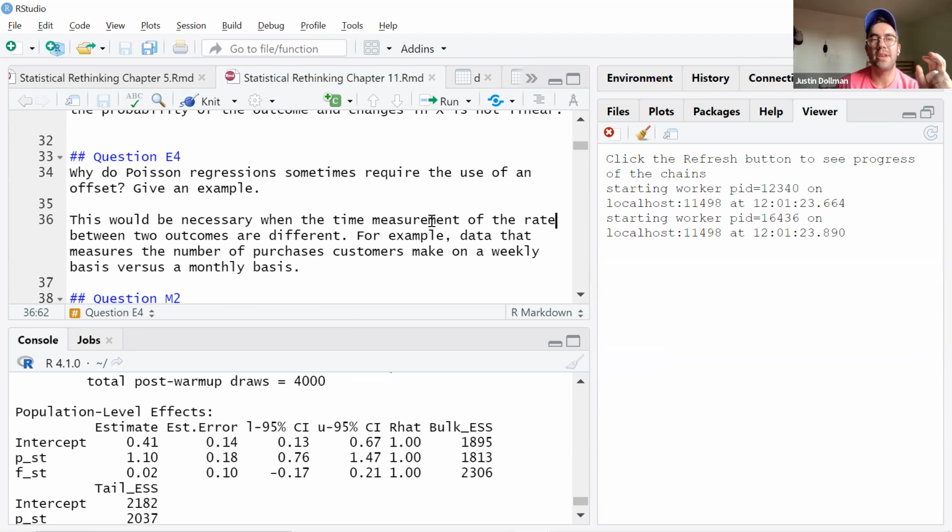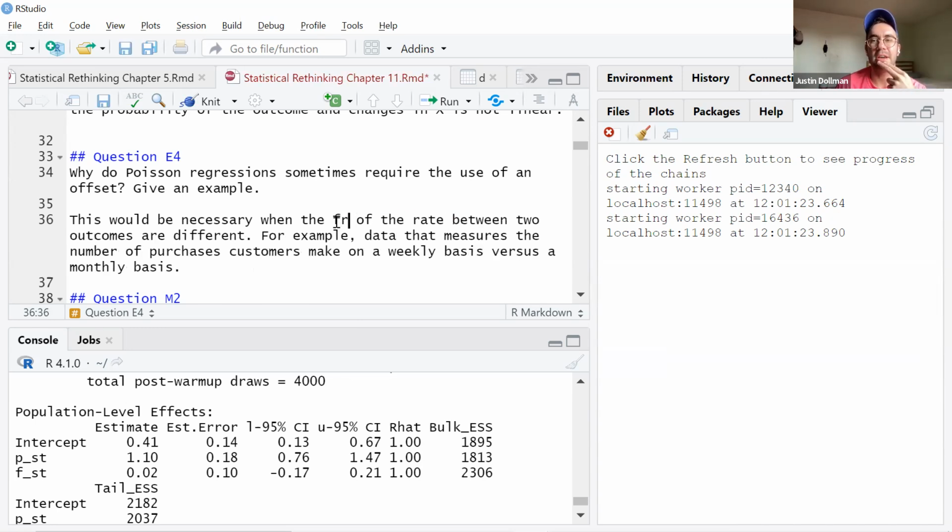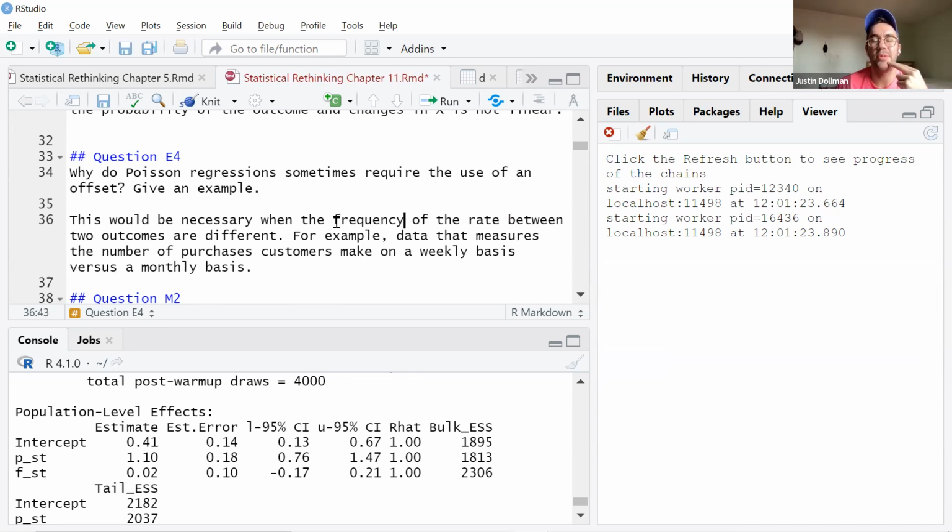Even if you have daily time windows, if your customers didn't all become customers at the same time, so they have different windows, under my understanding of an offset, you would use an offset to say, this customer was there for 100 days, this customer was there for 50 days. Even if the sampling frequency is the same daily, the total time under observation is different.